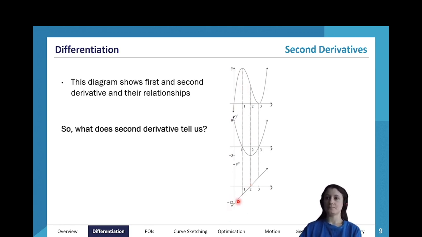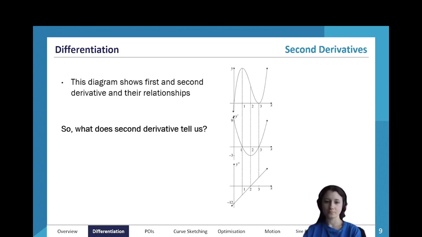Now, let's have a look at the actual value of the derivatives. So, looking at this first y function here, let's identify when the curve has a positive and negative gradient. What I'd like you to do is pause the recording and draw this curve out in your notebook and identify when the y curve has a positive gradient and when it has a negative gradient.